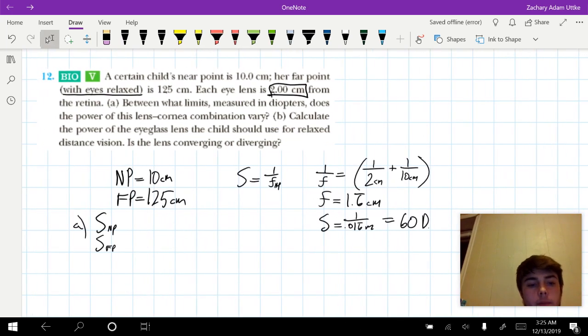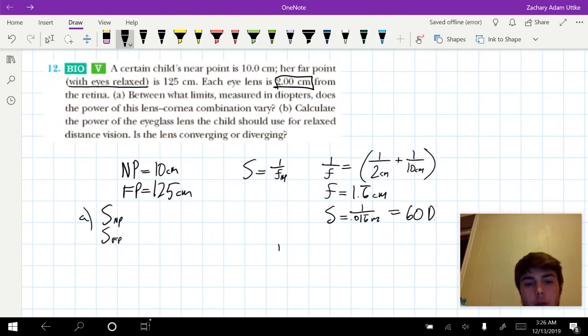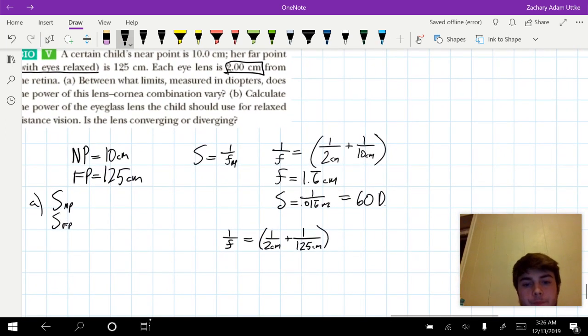Okay, and now let's do the same thing for the other accommodation limit. So the image is forming at the retina, and now we can use the far point. So we find that the focal length is 1 divided by 2 plus 1 divided by 125, and the inverse of that, make sure we take the inverse, is 1.97 centimeters.